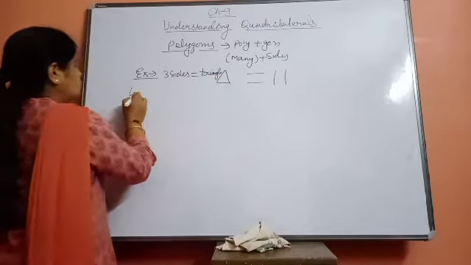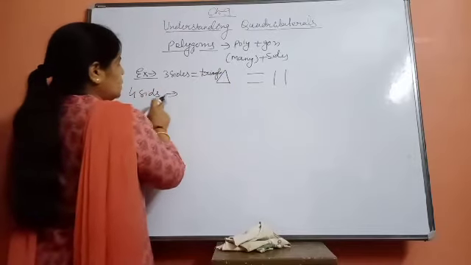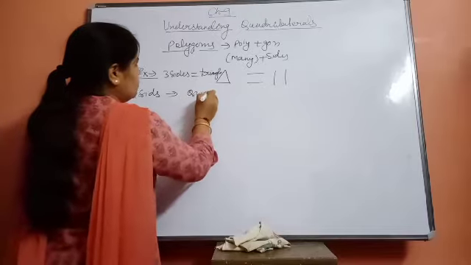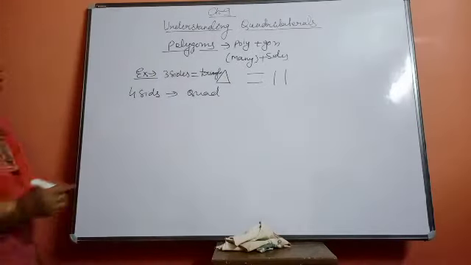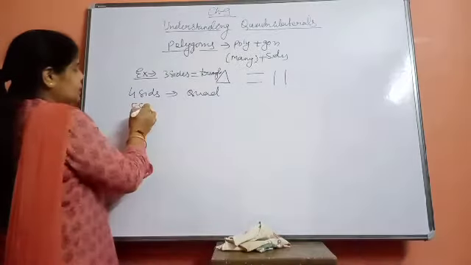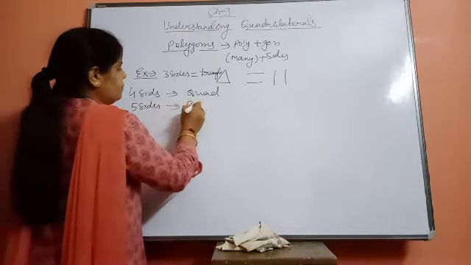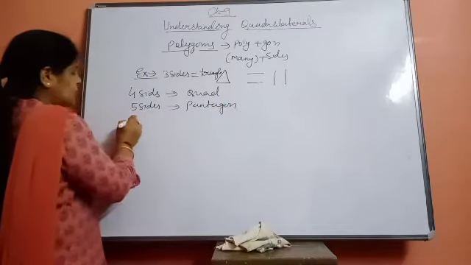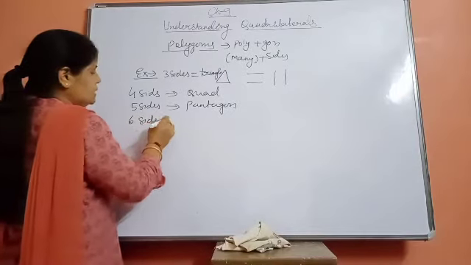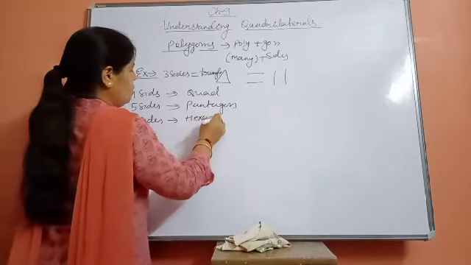For four sides, it is known as a quadrilateral. If five sides, pentagon. For six sides, hexagon.